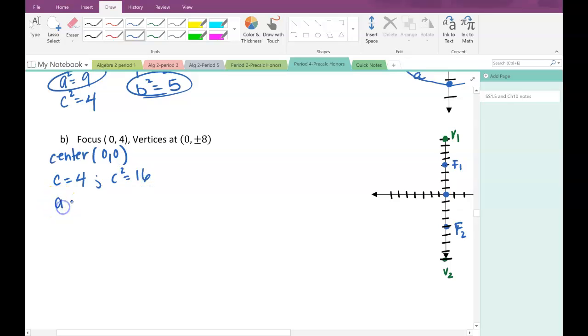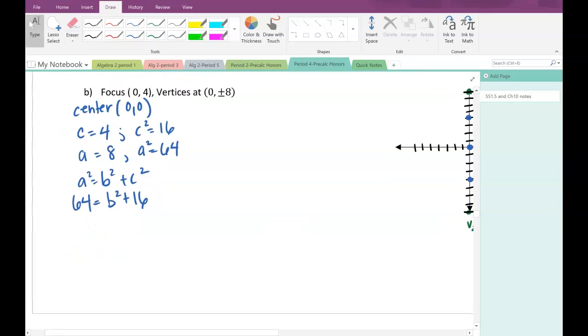I know a is 8 units, so a squared equals 64. Let's find b, because you need b to find the 2 points for the minor axis, okay? So a squared equals b squared plus c squared. 64 equals b squared plus 16. Subtract 16 from both sides. So b squared equals 48.